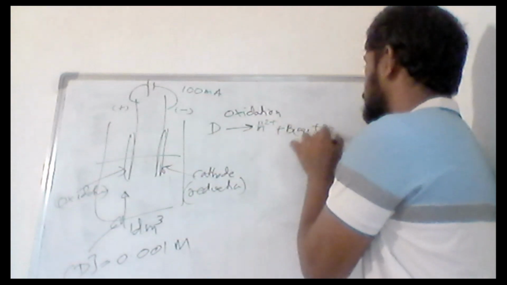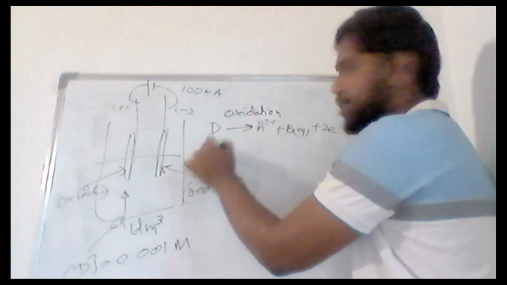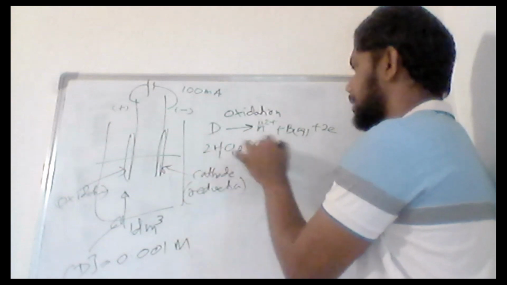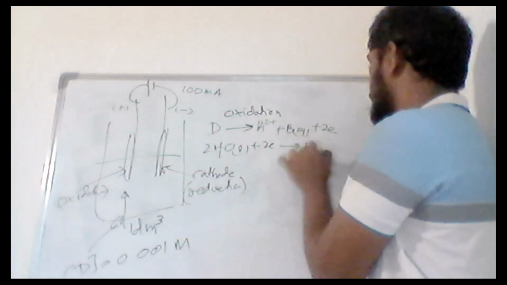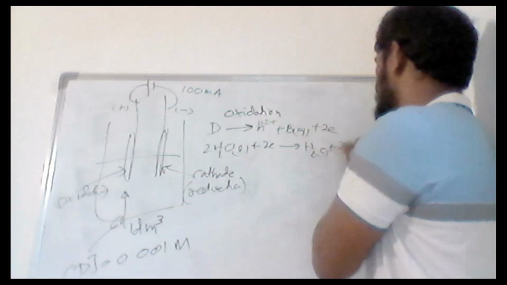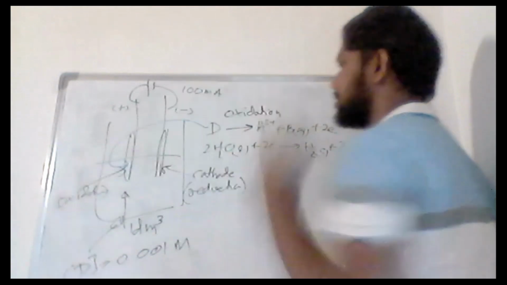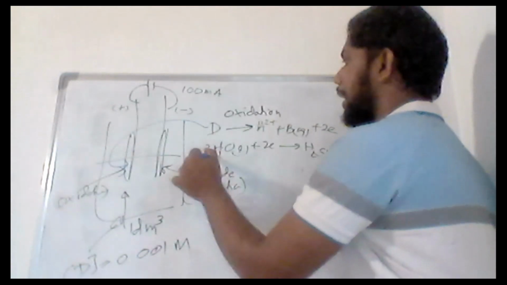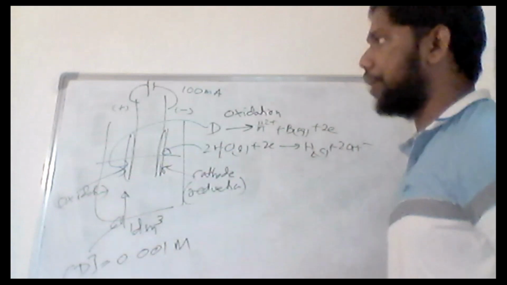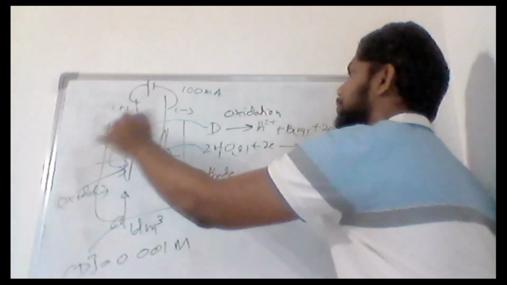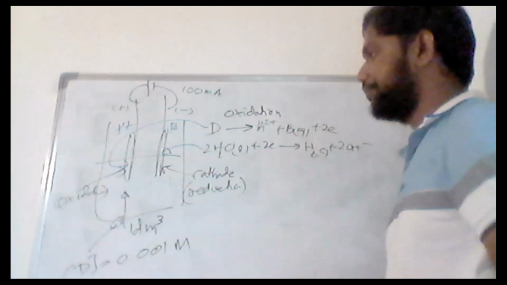The reduction is 2 H2O(l) plus 2 electrons, giving H2(g) and 2 OH⁻. So this is the oxidation reaction that is going to happen at this platinum electrode, and this is the reduction that is going to happen at this platinum electrode. These two are inert platinum electrodes.